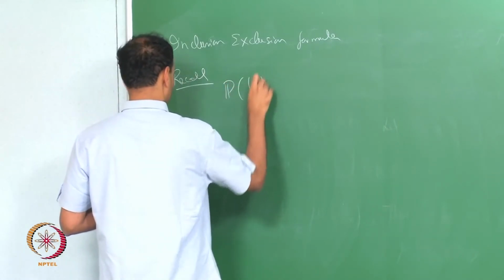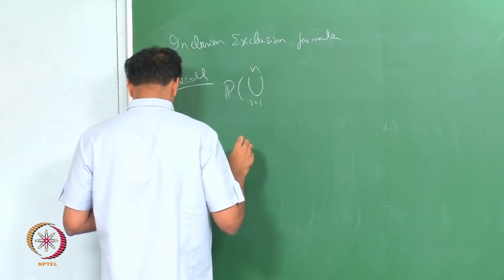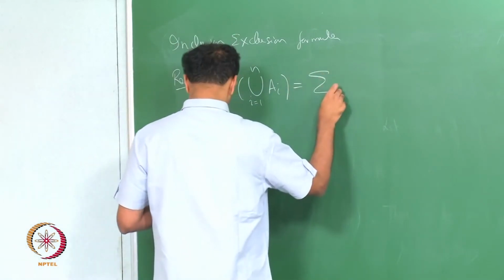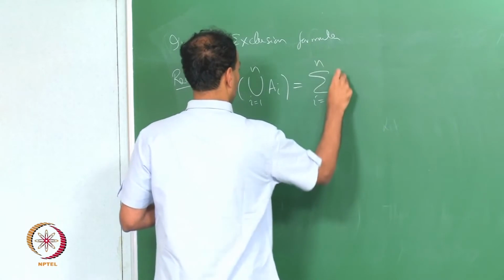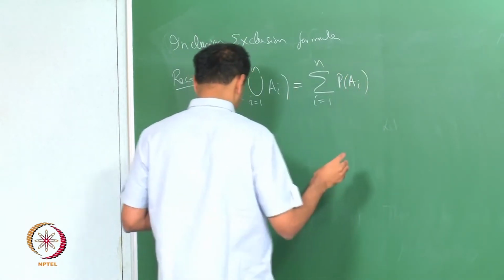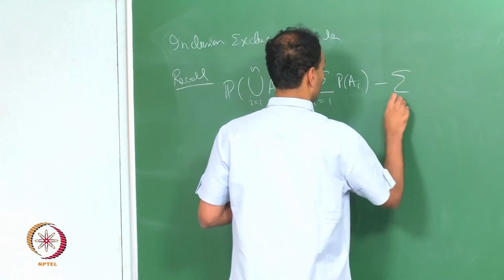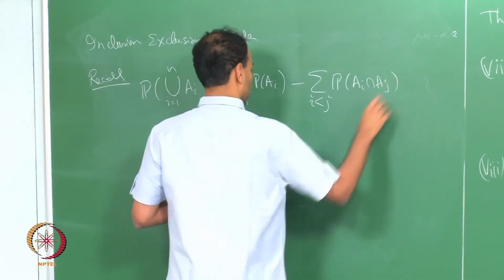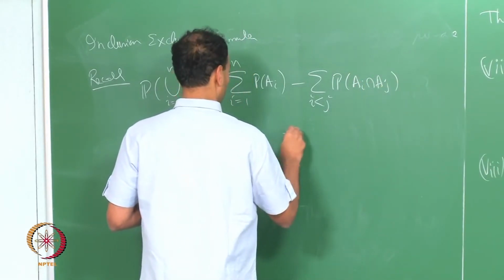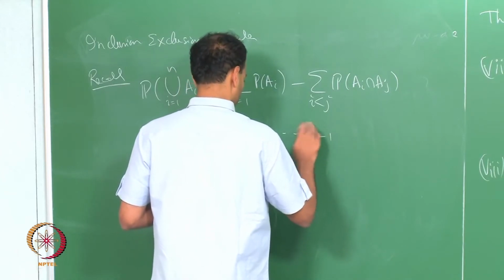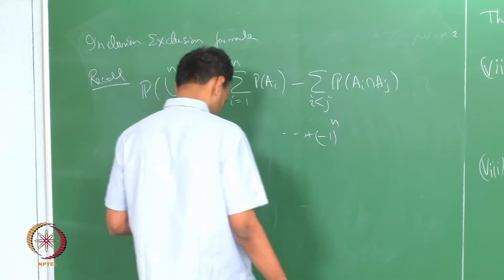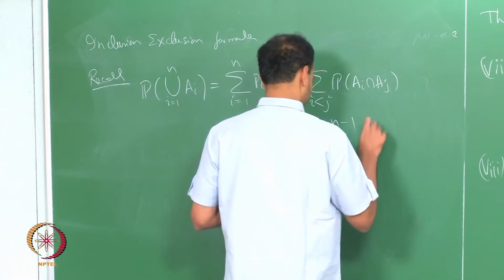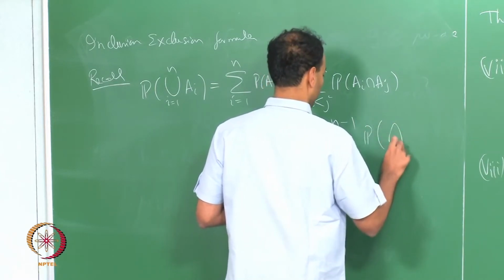We said that the probability of the union of the A_i is equal to the sum over i equals 1 through n of probability of A_i, minus the sum over i less than j of probability of the intersection of A_i and A_j, plus dot dot dot, minus 1 to the n minus 1 times the probability of the intersection.